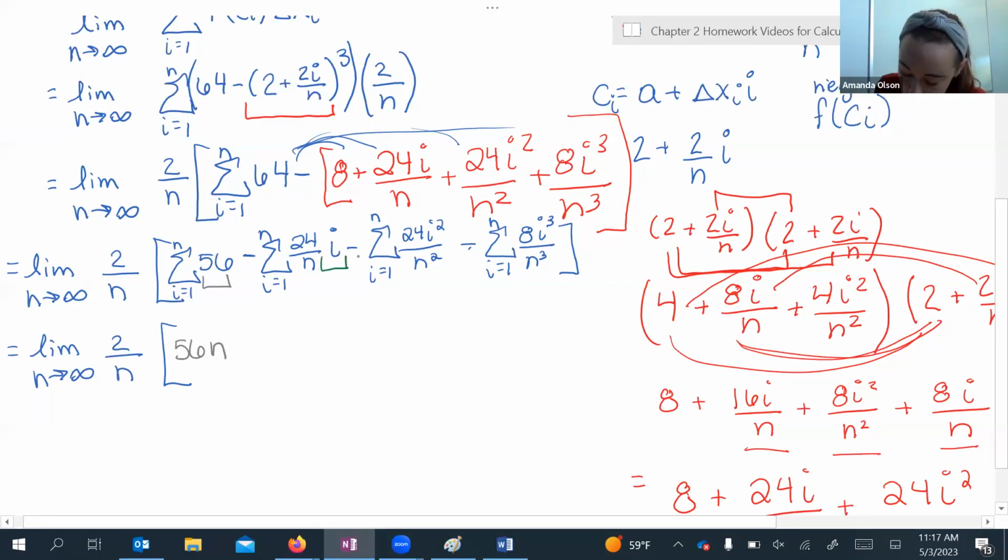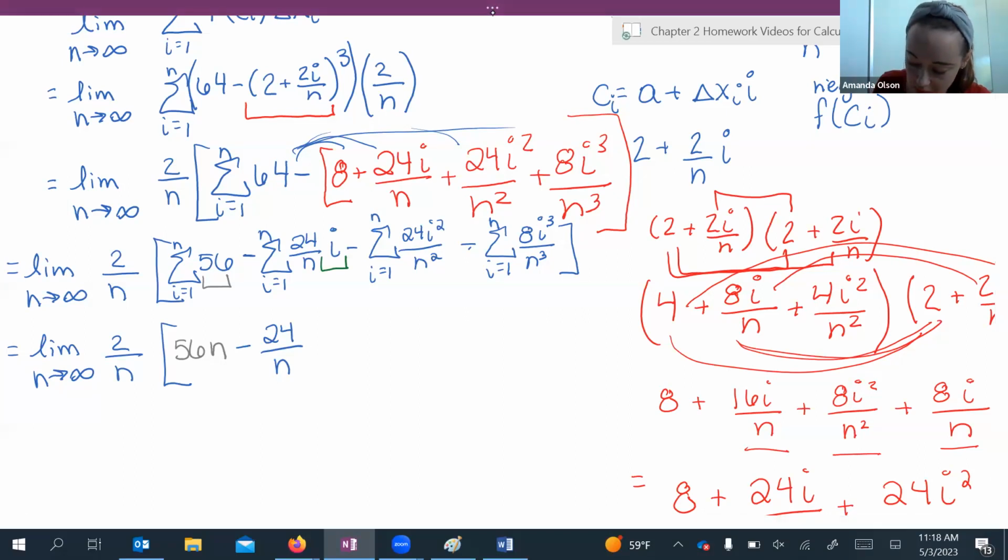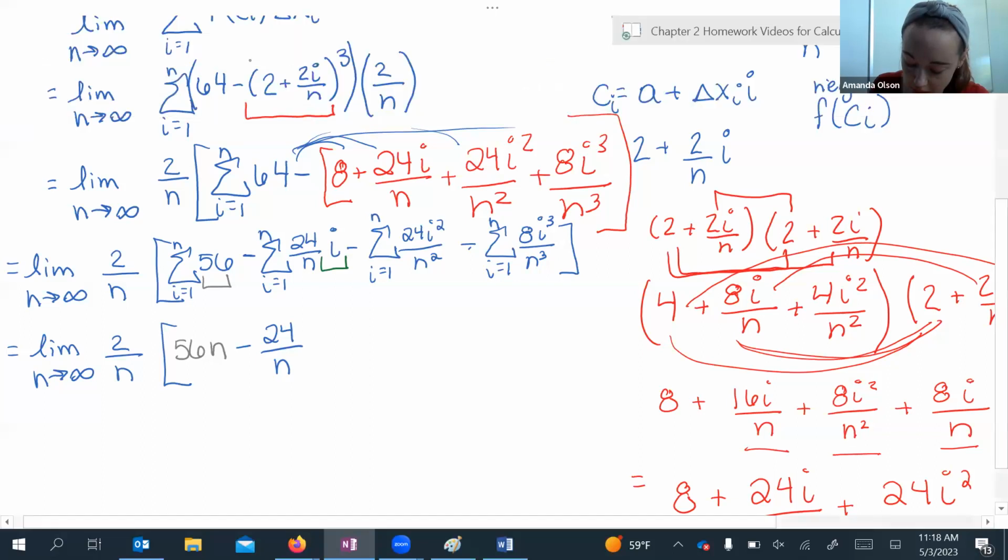The sum of i from i equals 1 to n will have the minus 24 over n out front. That's just a constant, but the sum of i from i equals 1 to n is going to be n times n plus 1 all together over 2.